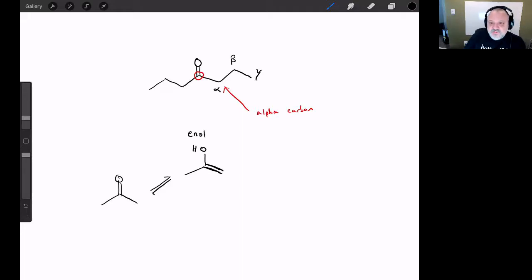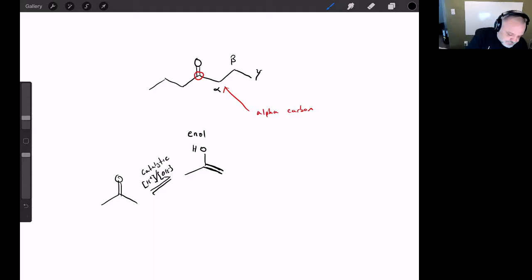We discussed at that moment that enols are not favored to form in most cases, and you can tautomerize an enol to a ketone or an aldehyde. That's really what the results of some reactions like this are.